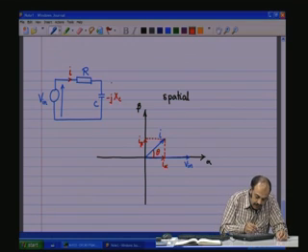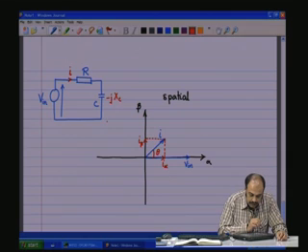Now, the voltage across the capacitance is minus jXC, which means whatever current is flowing through it gets multiplied by XC and gets rotated minus 90 degrees.